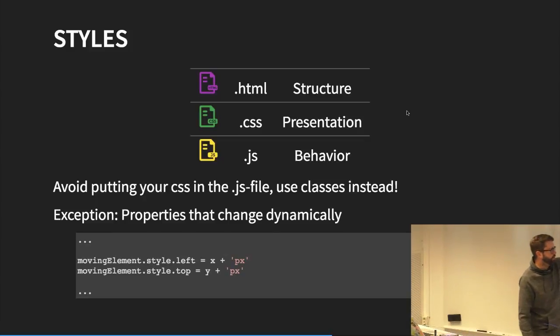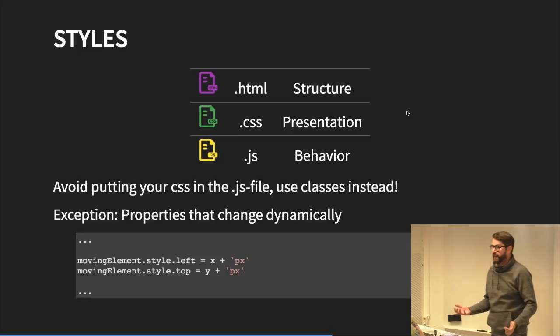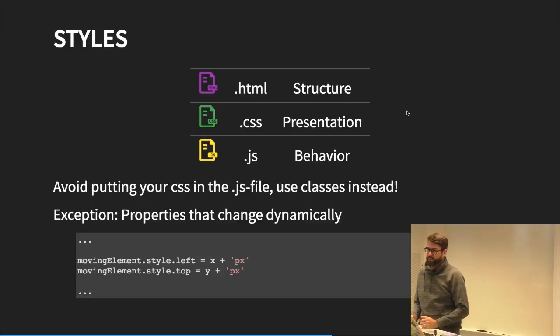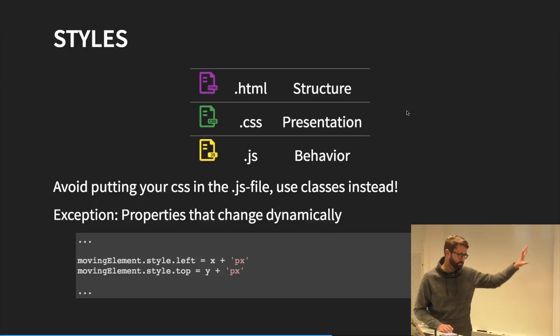So this is not the only truth, that you should always separate HTML, CSS, and JavaScript. There are certain cases when it could actually be clever to sort it by functionality rather than by file ending. If you look in React applications, for instance, or any other framework, you will probably see that you tend to mix HTML and JavaScript a lot.